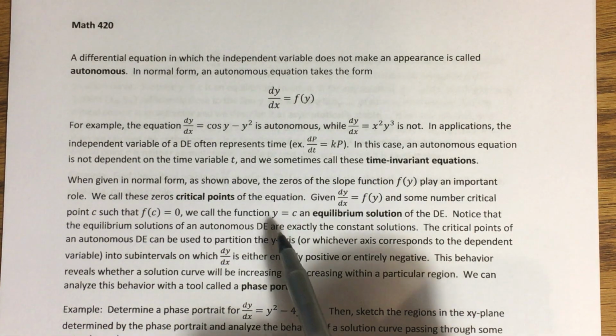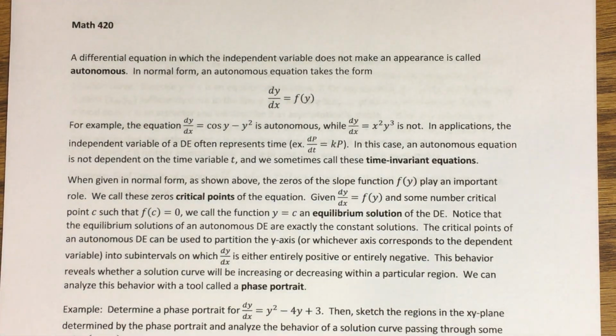Okay? Now, autonomous equations show up with great regularity in applications. In fact, if you were to go back into the last section that we covered, section 1.3, and look at all those applications that we talked about, I believe every single one of them is an autonomous equation. The independent variable in all of those examples was time, but the variable t doesn't really make an appearance in any of those differential equations, unless I'm forgetting one.